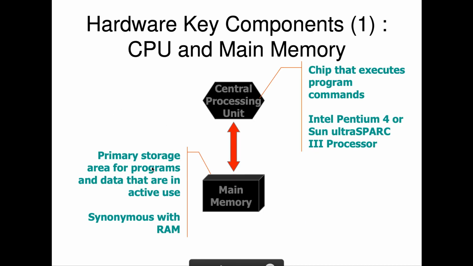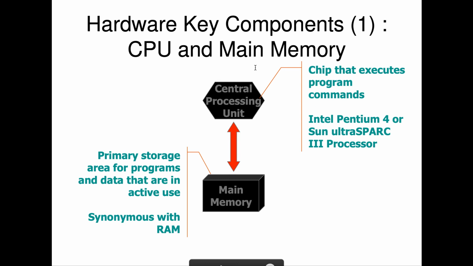So let's talk about the key components of any computer system, not just a PC but also other non-personal systems. That is the central processing unit and the main memory. The central processing unit does all the calculation, like mathematical or logical calculation. The main memory is what stores the data.